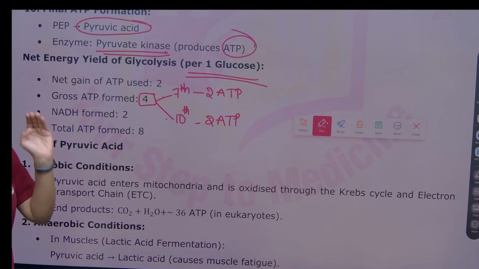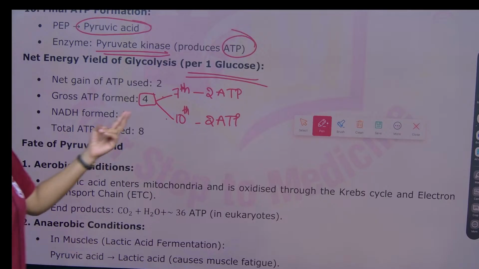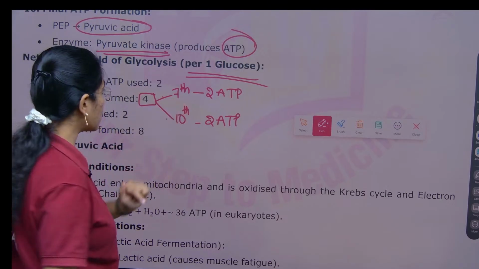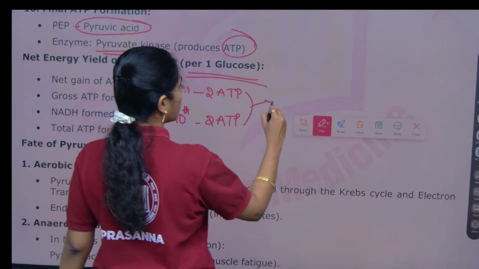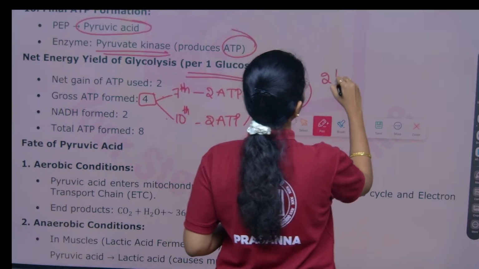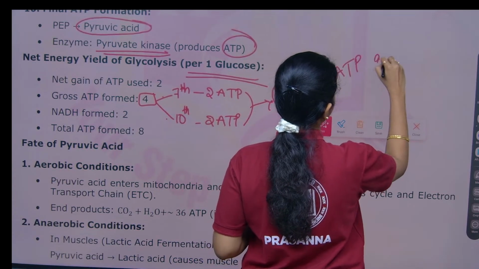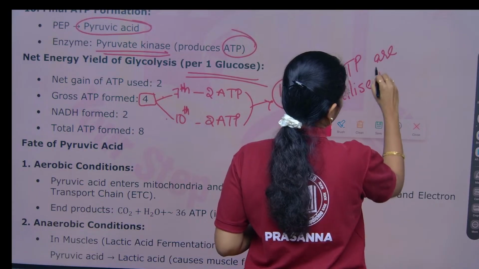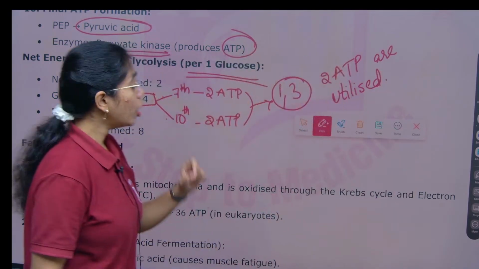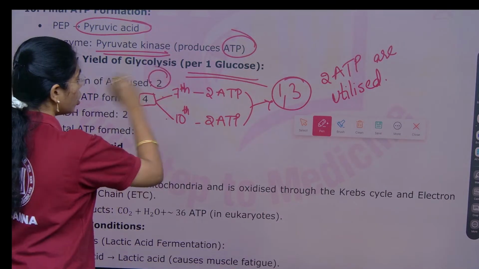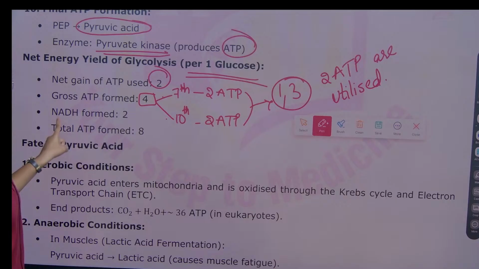Of these 4 ATP released into the cytoplasm, 2 ATP will be utilized at the preparatory phase in the first and third step. Fine, right? In the first and third step, 2 ATP are utilized. So, the net gain of ATP is how much? 2. Fine, right?